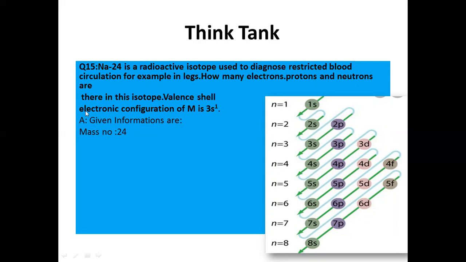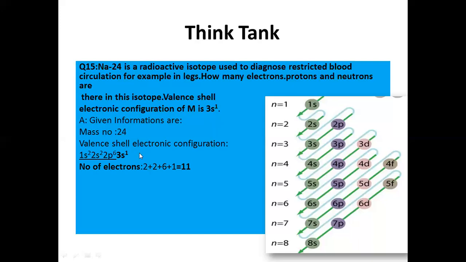Valence shell electronic configuration of this isotope, or third shell M, is 3s1. Given information: the mass number is given, sodium 24, meaning 24 is the mass number. Then the valence shell electronic configuration is given, which is 3s1. 3s1 is the valence shell, meaning the configuration of the outermost shell.